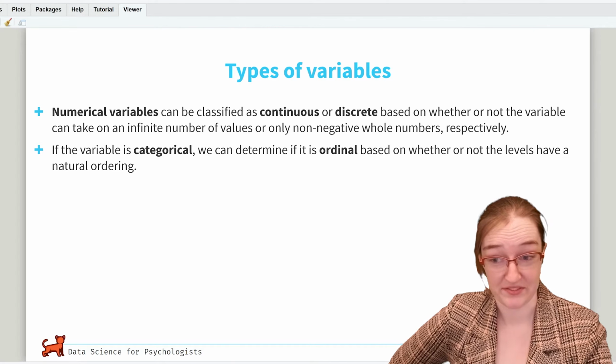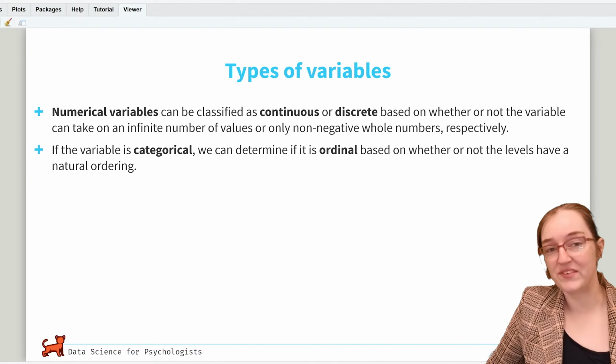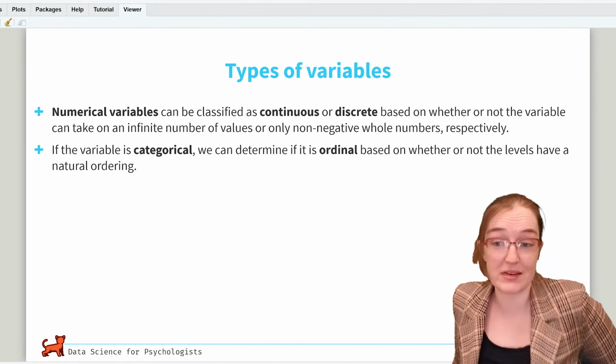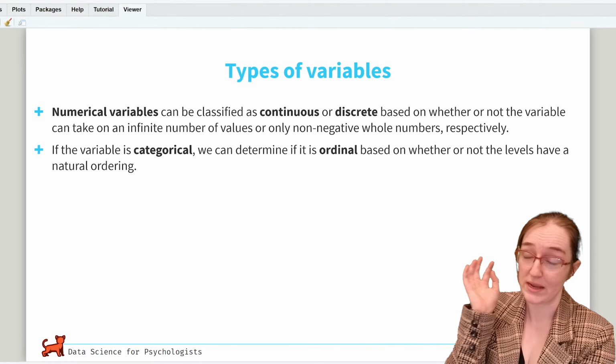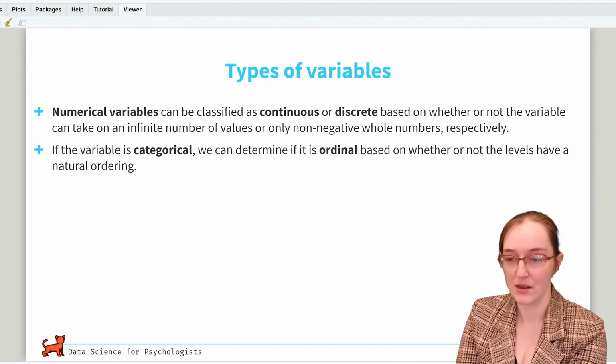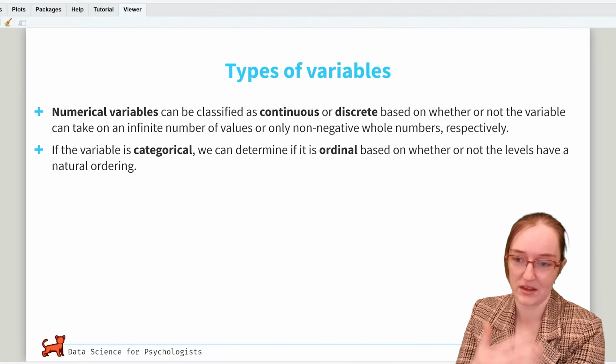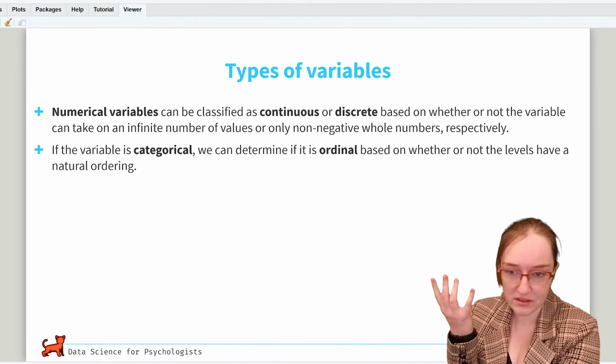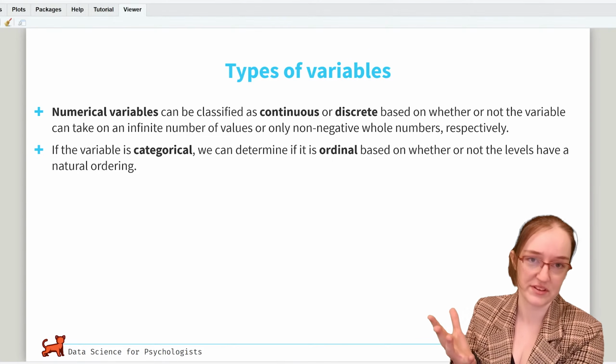But yeah, so types of variables. Now I'm not going to go through the whole Stevens levels of measurement. It's a great paper, in Nature or maybe Science, one of those. But we can break it down into numerical variables and categorical variables.